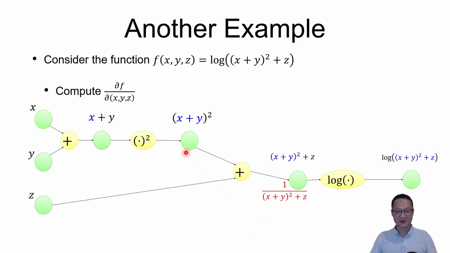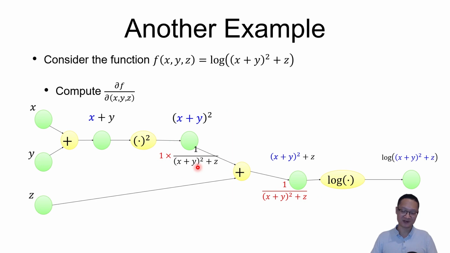Next, we take the gradient of this with respect to this. Well, this is just going to be the blue part plus z, so the gradient will just be 1. Overall, if we go all the way from the end to here, the gradient will just be 1 times what we had before.